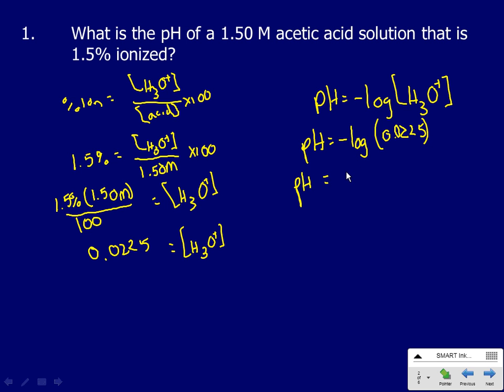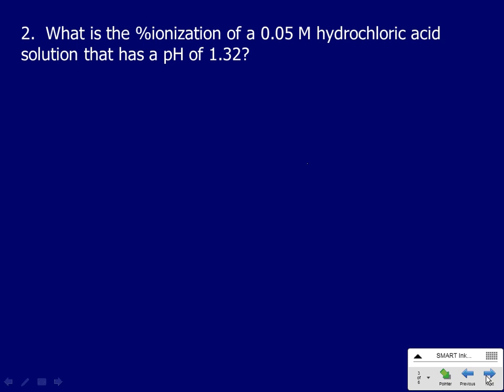Yep. Sorry? 1.65 in pH. Okay? So if it asks, what is the pH? You first need the percent ionization equation to get the H3O plus. Negative log answer equals, bang. Okay? Let's do another one.